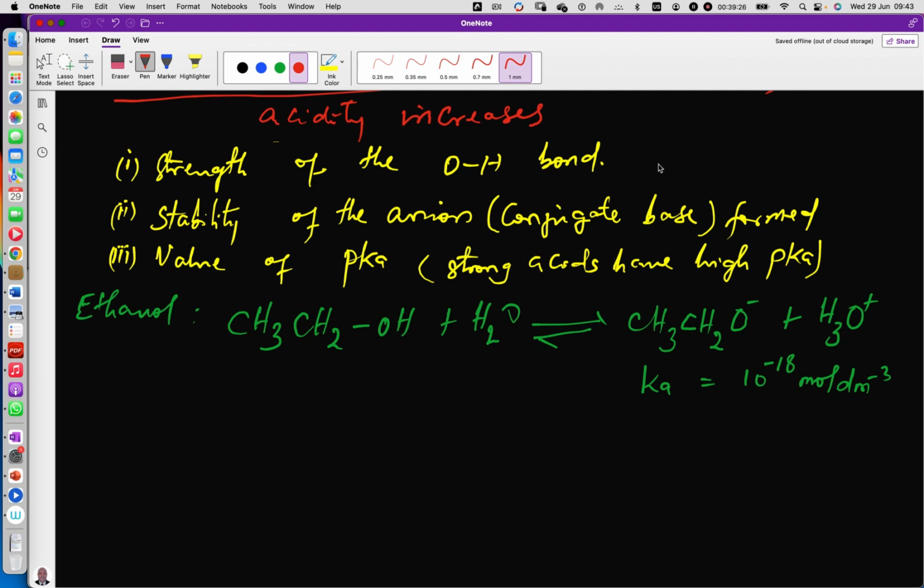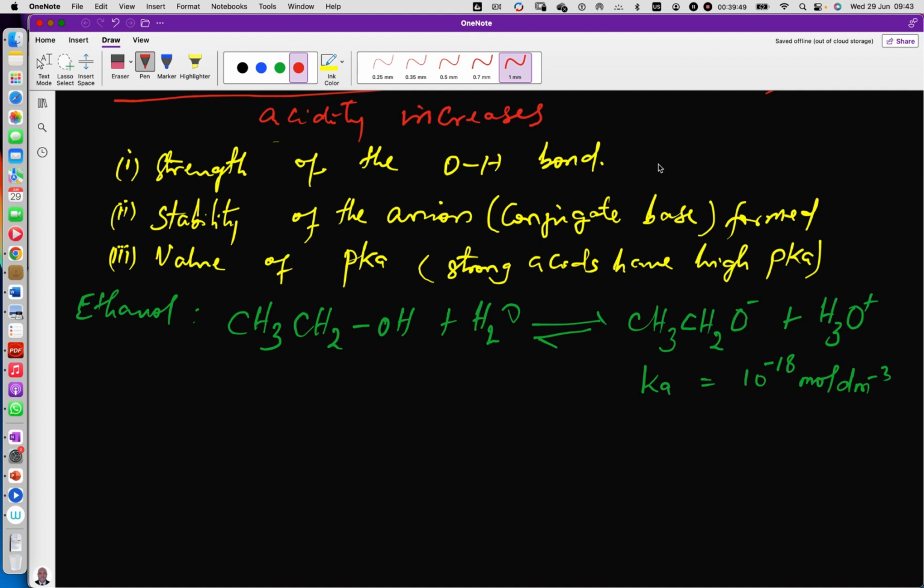As we're comparing the relative acidity of some compounds, ethanol, water, phenol, and ethanoic acid, we realize that ethanol is the weakest and ethanoic acid is the strongest.